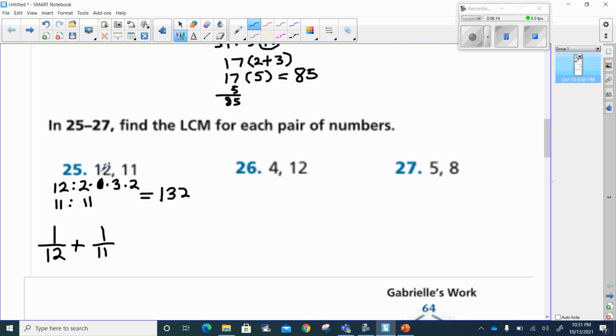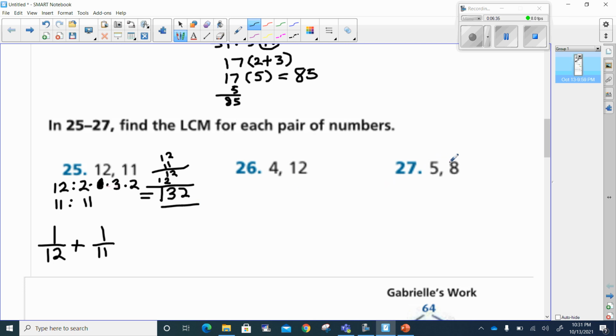I know this because 12 times 11, that's going to give me 12, and then 12, and when I add them together, 2 comes down, 1 plus 2 is 3, and the 1 comes down. So 132 is the answer.